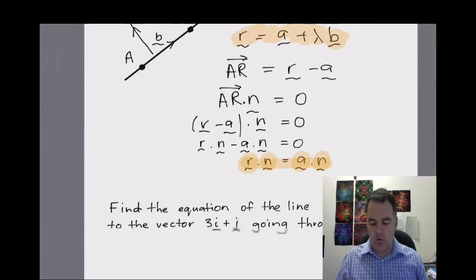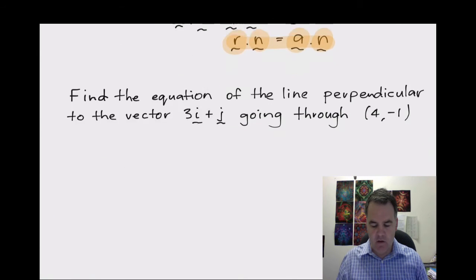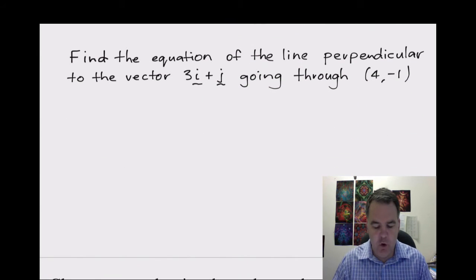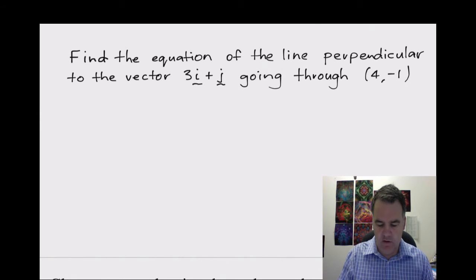So let me show you how that works in a question. Find the equation of the line that's perpendicular to that vector going through that point. Okay, so rather than having the equation of the line that's going in the direction of the line, this one's going perpendicular, and particularly for these kinds of questions, this formula works really nicely. So let me write it out again. r dot n equals a dot n.